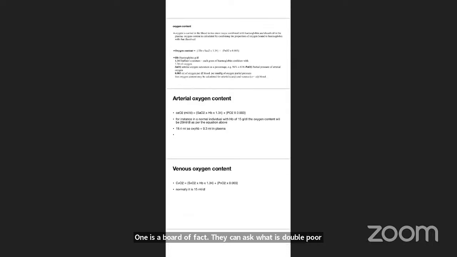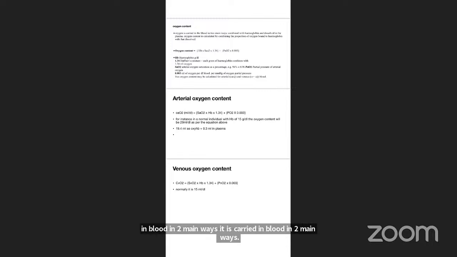So now coming to the oxygen content. Oxygen is carried in blood in 2 main ways, as I told earlier: combined with hemoglobin or dissolved in plasma.